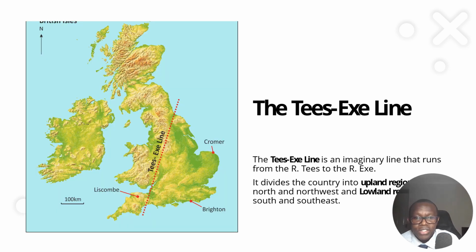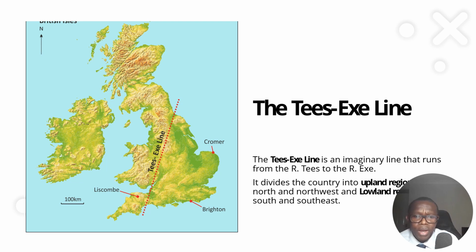That brings us next to the Tees-Exe line, which is this line along here. This is an imaginary line, just like the equator, the Tropic of Capricorn and Tropic of Cancer, although it is not necessarily a line of latitude like the other examples.